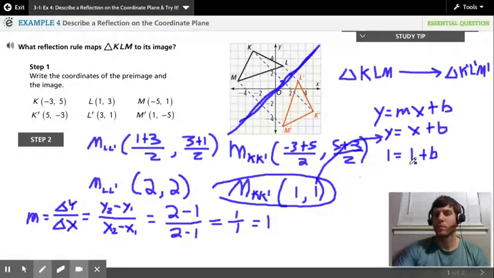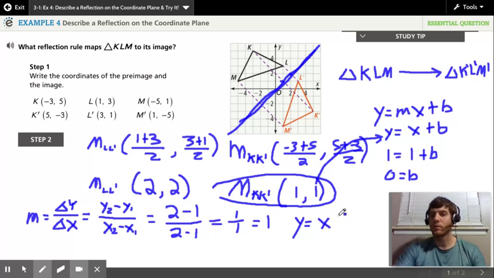So y is 1 and x is 1. Subtract 1 from both sides, and you get 0 equals b. So your y-intercept is 0. That means the equation of our line is y equals 1x, so we can just put x, plus 0, and you don't need to write 0 in. So the line that we're reflecting over is the line y equals x.